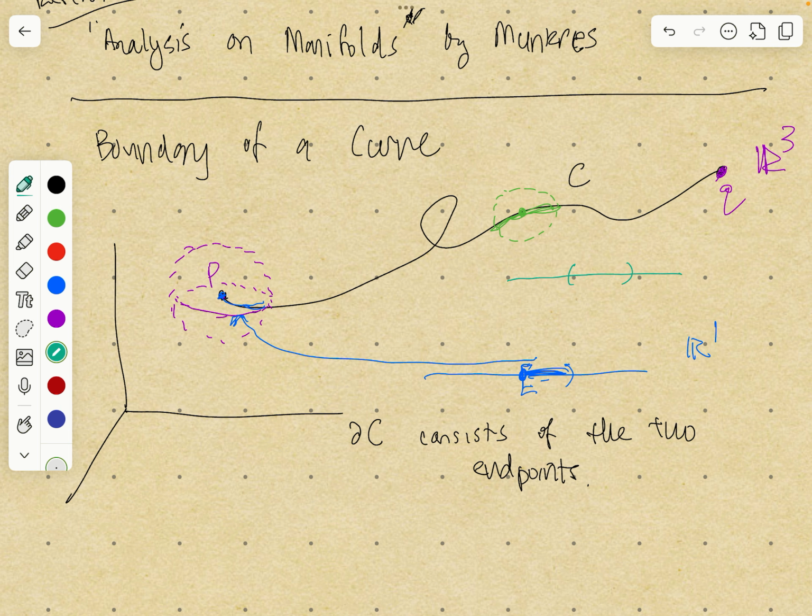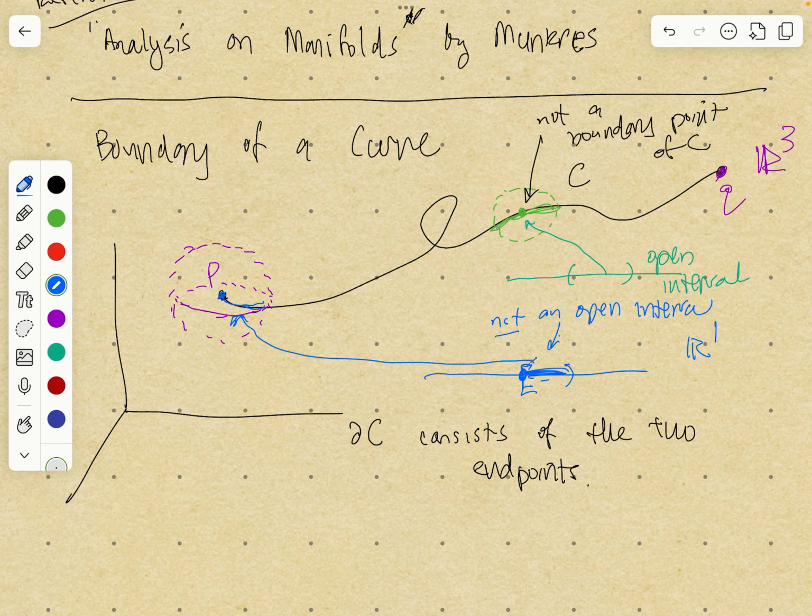An open interval will map in a one-to-one onto way to that piece of the curve. This is covered by an open interval. So this point is not a boundary point of the curve. But notice that this, right, is not an open interval. So that's the difference between P and Q and the other points on the curve.